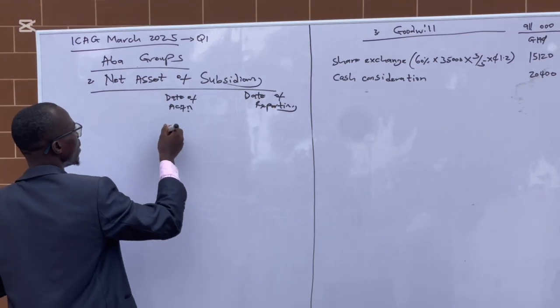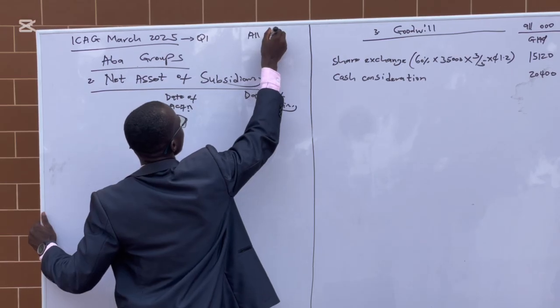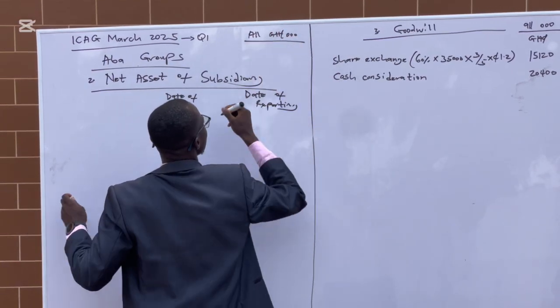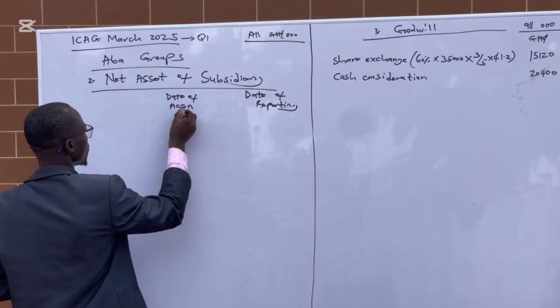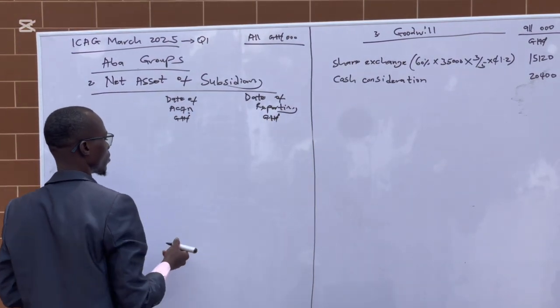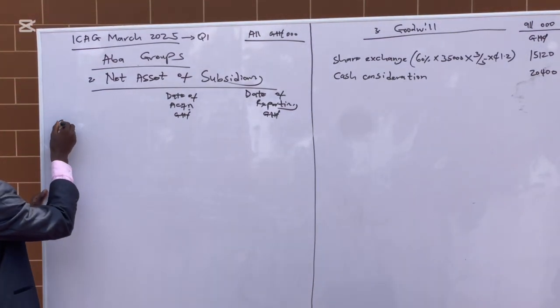So like I said, all workings are in 1,000. Okay, so you bring your share capital.